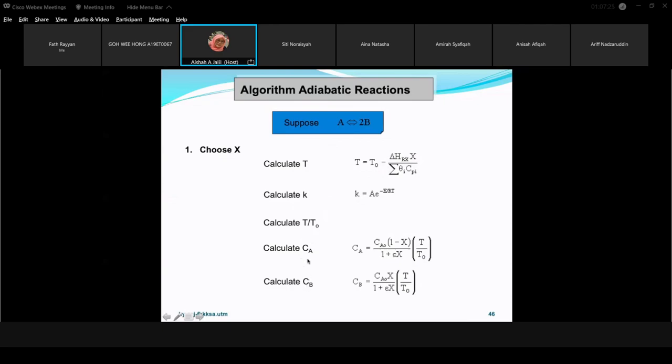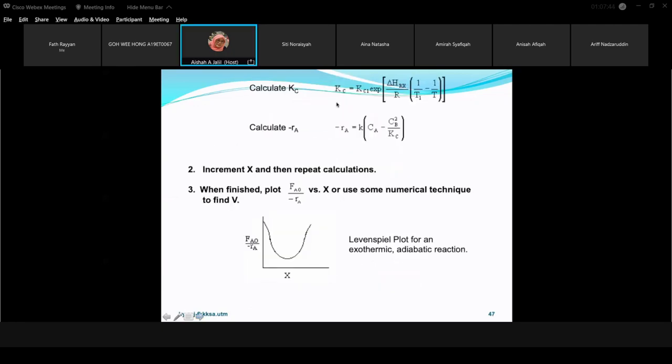This is the stoichiometry. If it is a gas reaction, you can use this one for the reversible reaction A to B, or 2A to B. This one is the difference, just because of the reversible reaction. You can calculate this one because at equilibrium, negative rA equals 0.